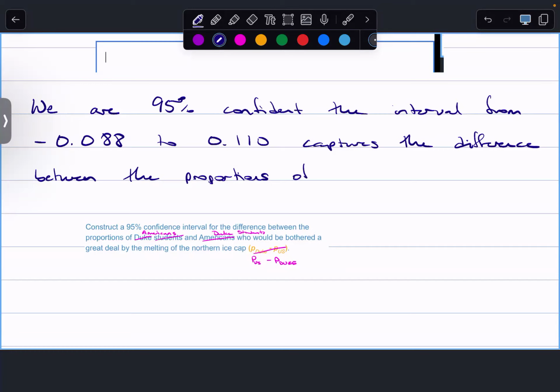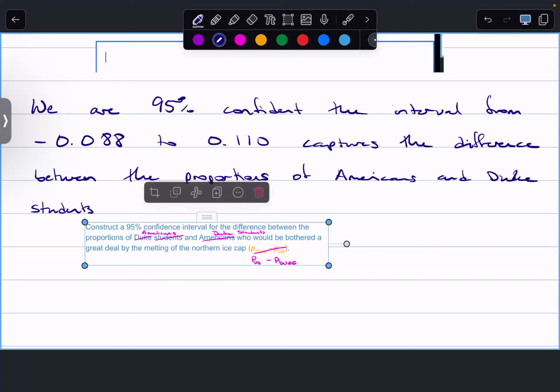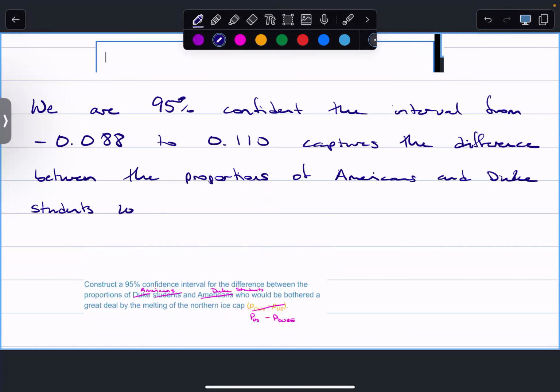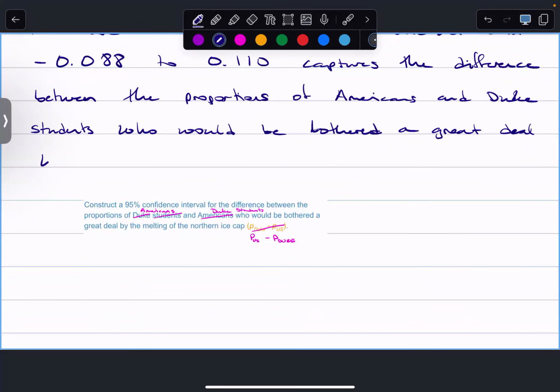Proportions of Americans and Duke students who would be bothered a great deal, blah, blah, blah. Oops, bothered a great deal, right? The success by the melting of the northern ice cap.